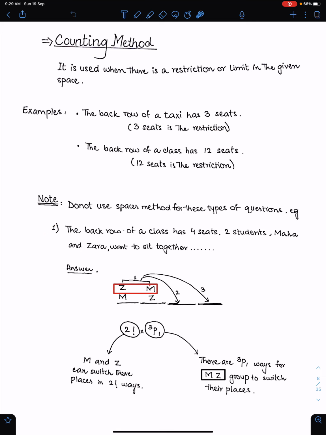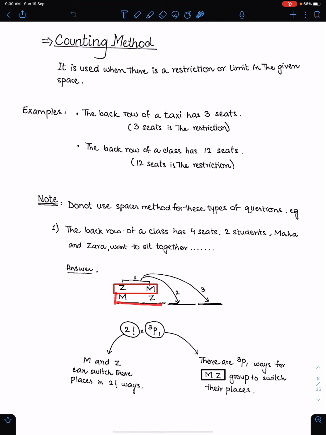Example number 1. The back row of a class has 4 seats: 1, 2, 3, 4. And you know seats are always adjacent. Two students, Maha and Zara, want to sit together. So there are two ways for them to sit together, maybe MZ or ZM.